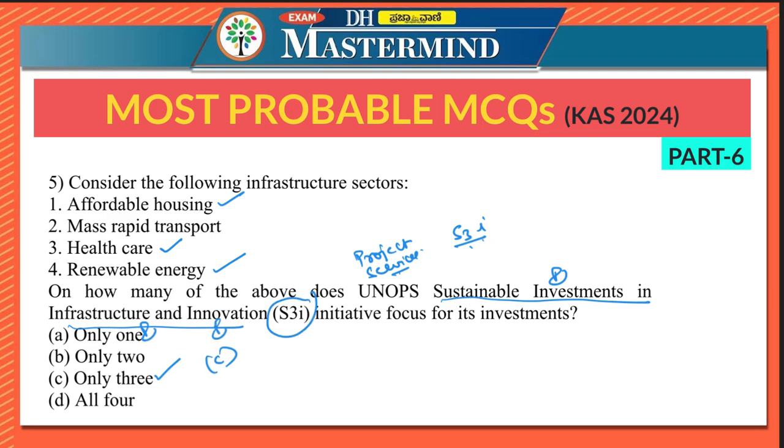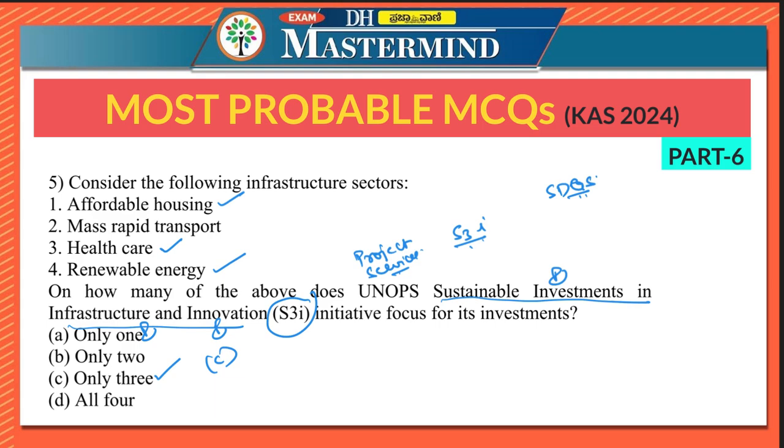It is for the development of infrastructure. It focuses on sustainable infrastructure development by supporting investments in critical sectors. It prioritizes areas that contribute to sustainable development goals, and it focuses on affordable housing.